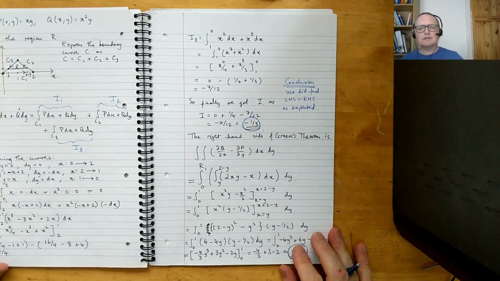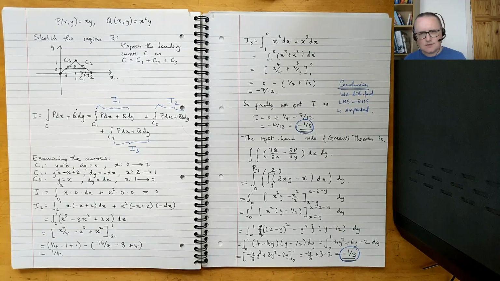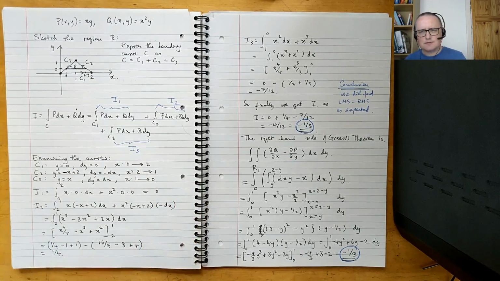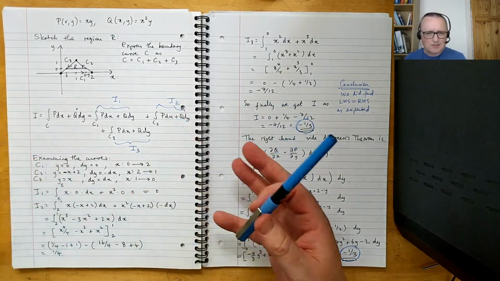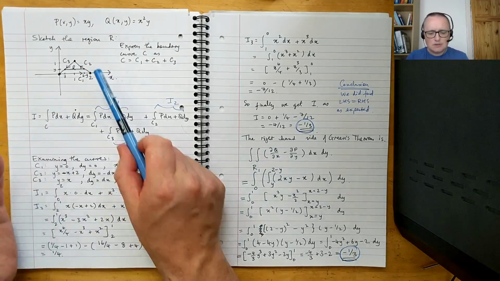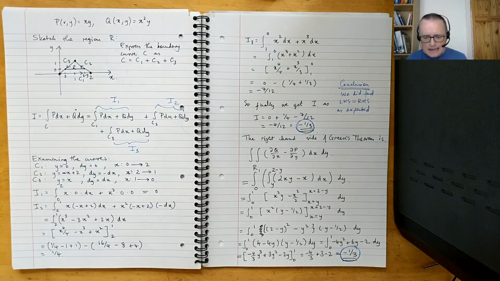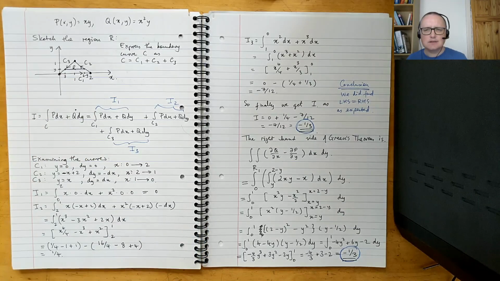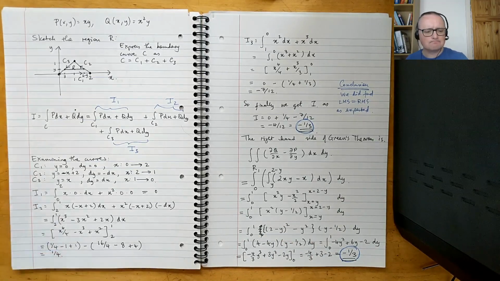So we have indeed verified Green's theorem for this linear differential form, these two functions P and Q, and this triangular region R. And along the way there, what we've demonstrated is our ability to do integrals along curves and our ability to do double integrals. And it demonstrated our understanding of Green's theorem as well.